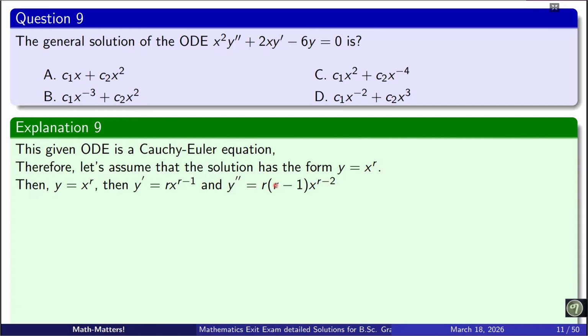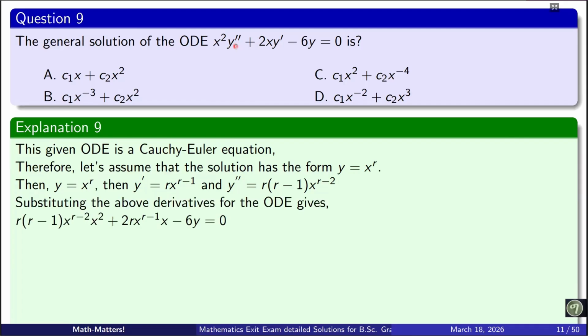Now let us substitute y prime and y double prime in the original equation.